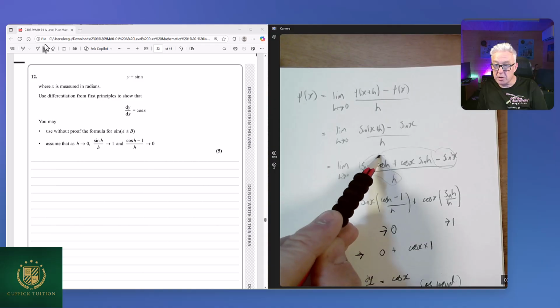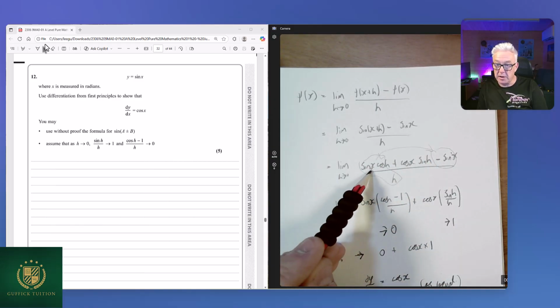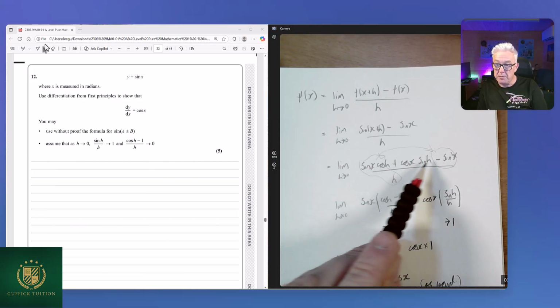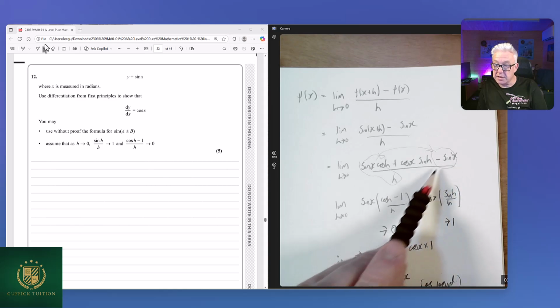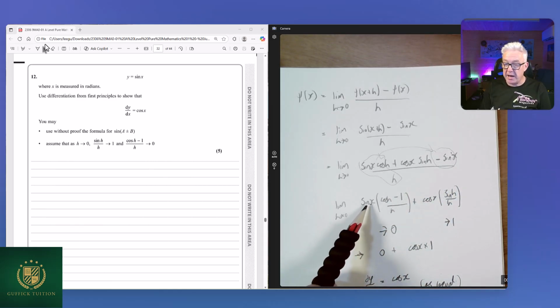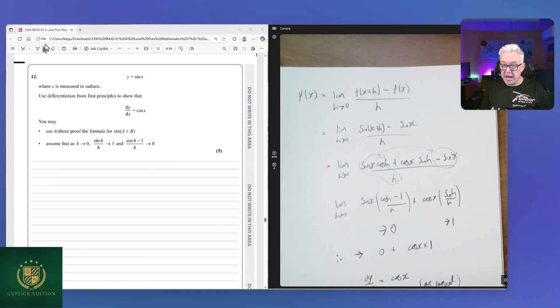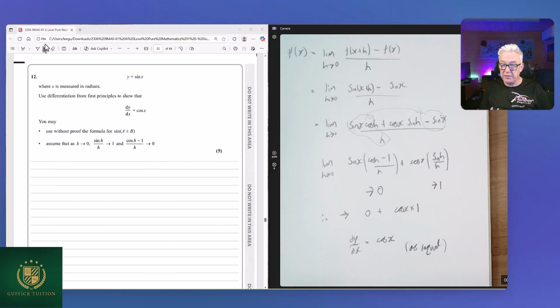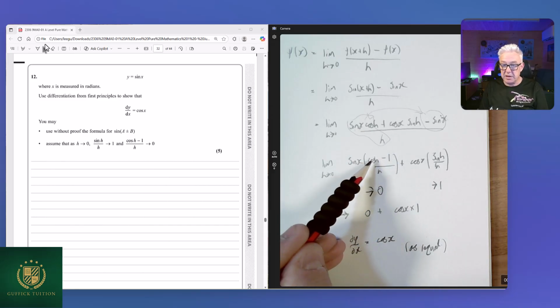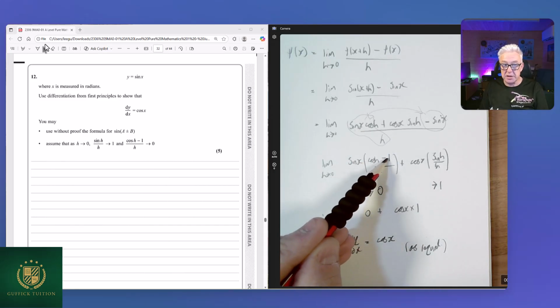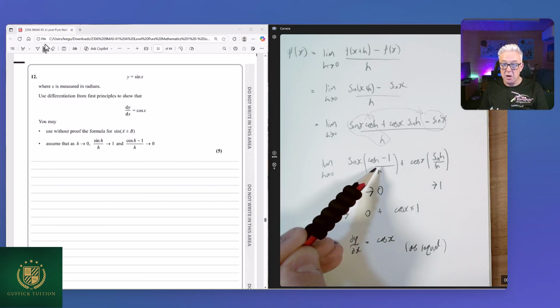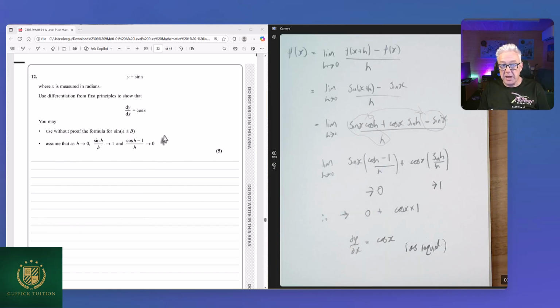So we're going to group those together: sine x cos h minus sine x, and it's all over h, but you take out the sine x as a common factor. So that one and that one have been grouped together. The sine x has been factorized out, and the reason we've done that is because that's given us now cos h minus 1 over h, which we can see from the question we're allowed to use without proving that that tends to 0.